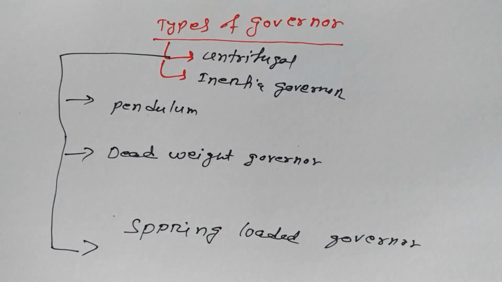So in case of centrifugal governor, there are three types: pendulum, dead weight governor and spring loaded governor.